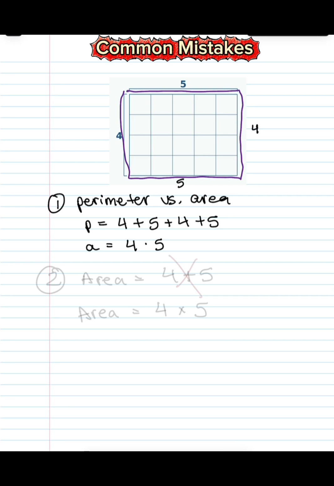So that would be saying the area is 4 plus 5. So remember that you multiply for area. It's 4 times 5. So those are just some common mistakes that come up, so things to keep in mind on your homework and tests.